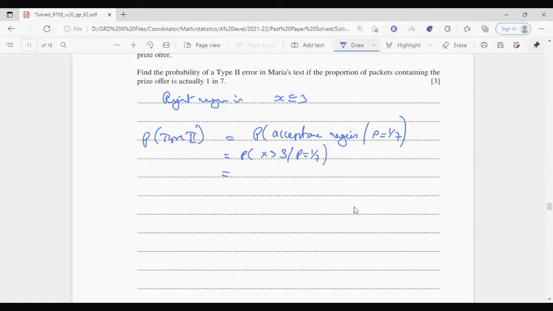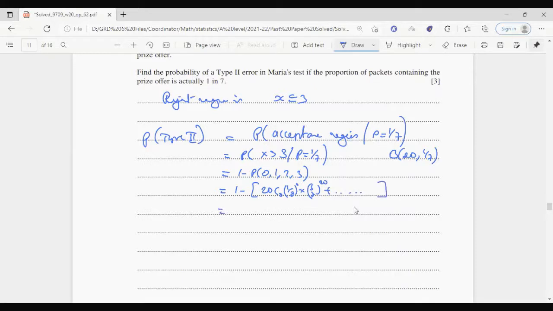So again, it's a binomial distribution with 20 and 1/7 as the probability. So the probability of X greater than 3 is 1 minus the probability of 0, 1, 2, 3, which is equal to 1 minus 20 C0, 1/7 to the power of 0 times 6/7 to the power of 20, plus and so on.